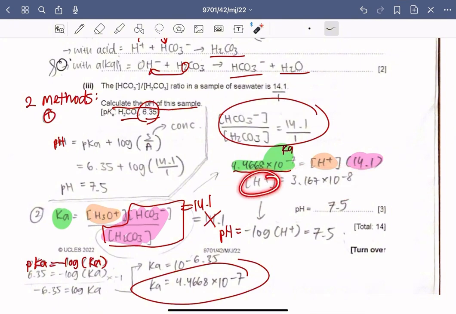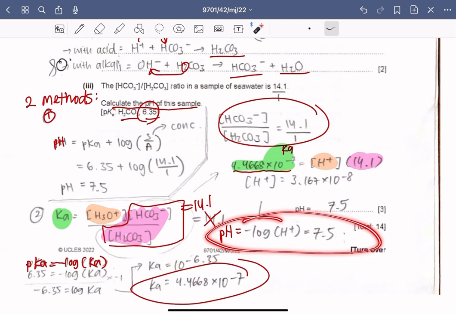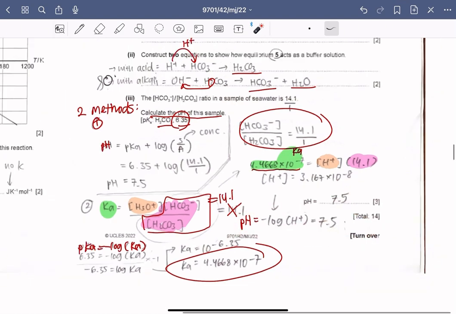And wait, this is only the concentration of H+. We insert it in another formula, pH equals negative log H+, which is equal to 7.5.